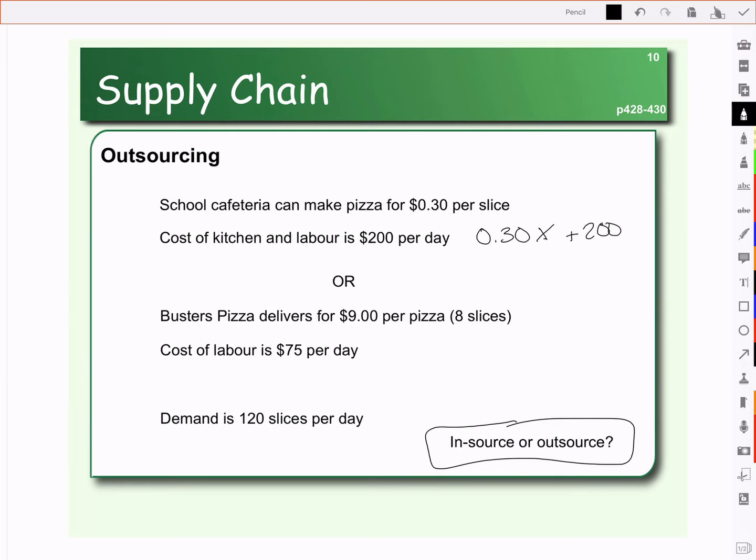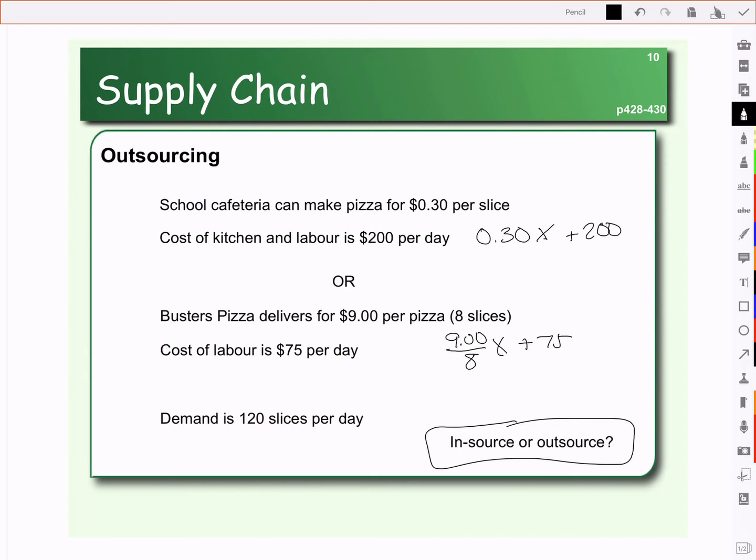In comparison, when we look at Buster's Pizza, it's going to be $9 a pizza, and there's 8 slices per pizza. So $9 divided by 8 tells us the cost per slice. And that we're going to multiply then times the number of slices that we sell, plus our labor of $75 a day.